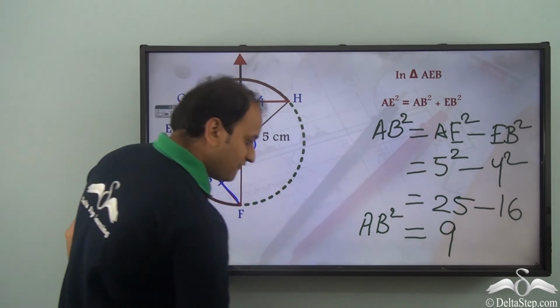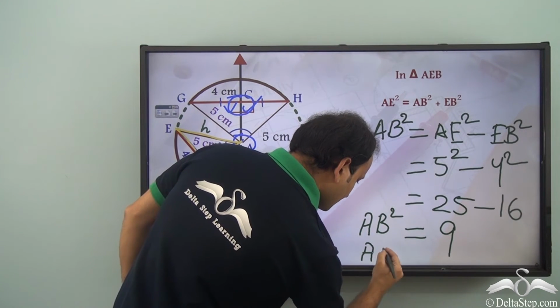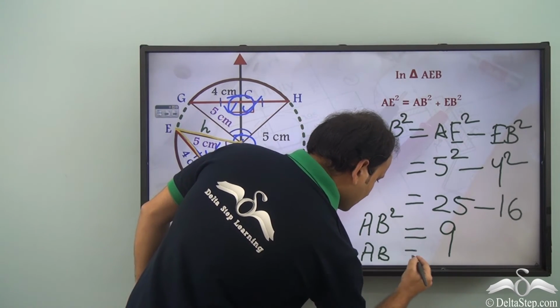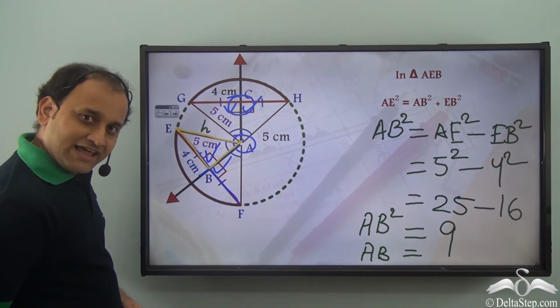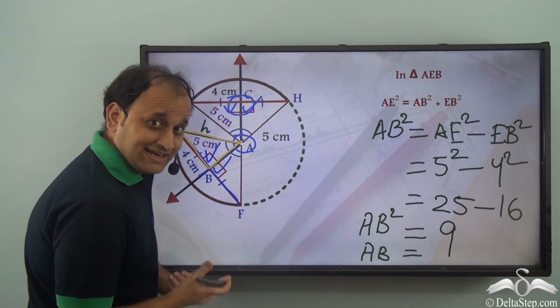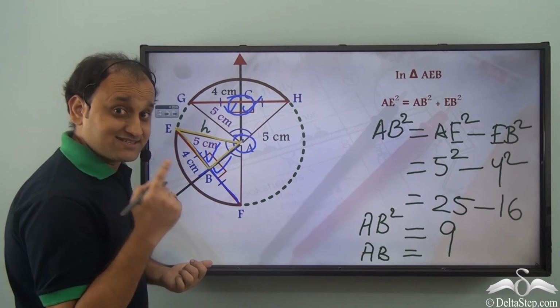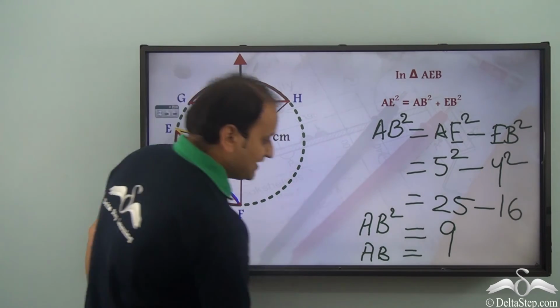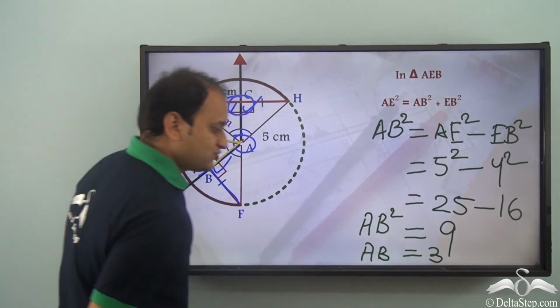So what will be the value of AB? It will be square root of 9. What is the square root of 9? It's 3, because 3 into 3 is 9. So AB is 3.